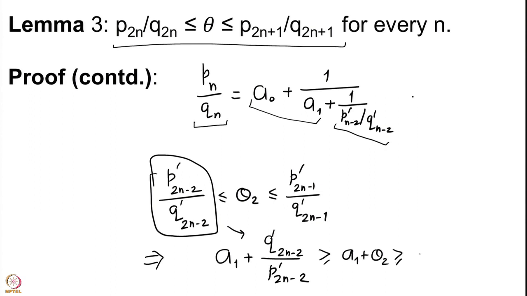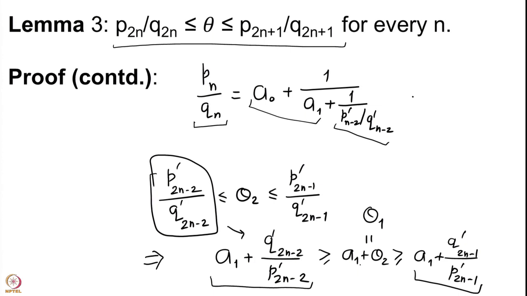and similarly we have a1 plus q prime 2n minus 1 upon p prime 2n minus 1, and note that this is nothing but our theta 1. So, theta 1 has the property that it is sandwiched between these two in this particular way.